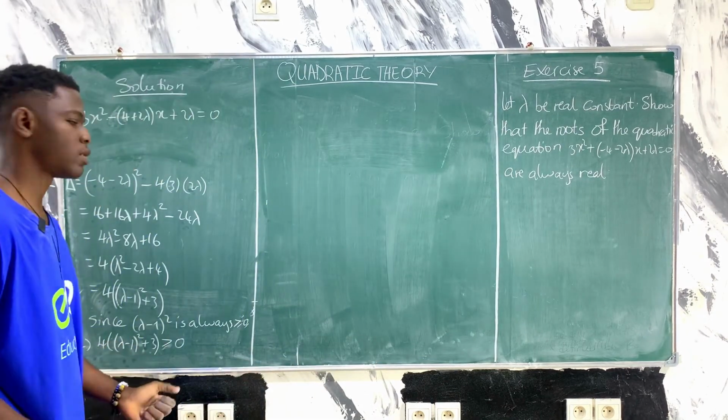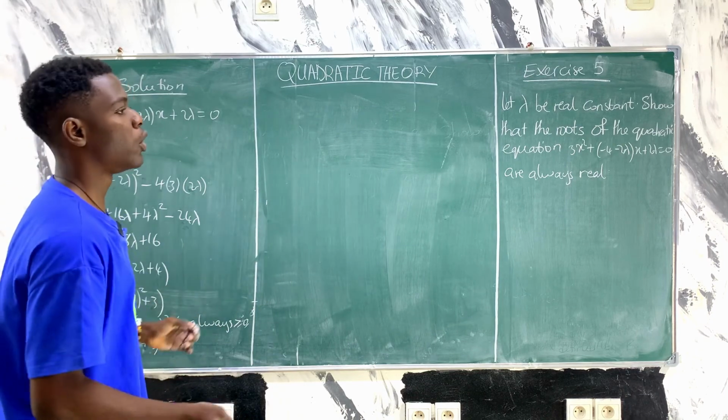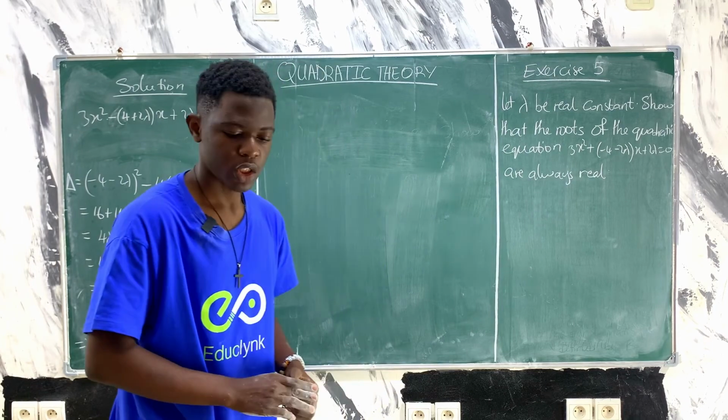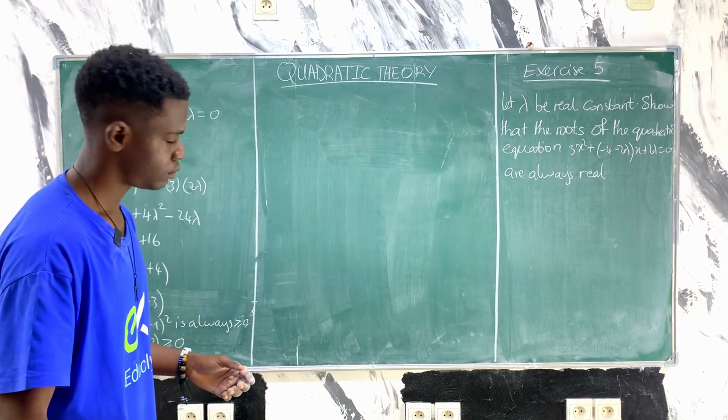If you leave it like this, it will be correct, or you can still write it explicitly: hence, this equation always has real roots. So that is how you prove it.